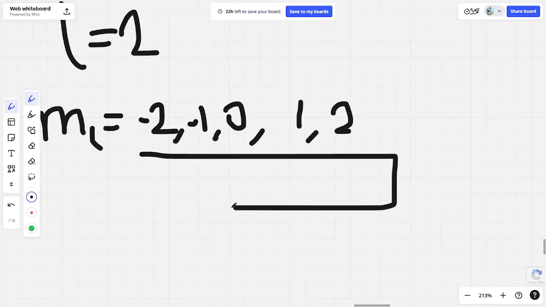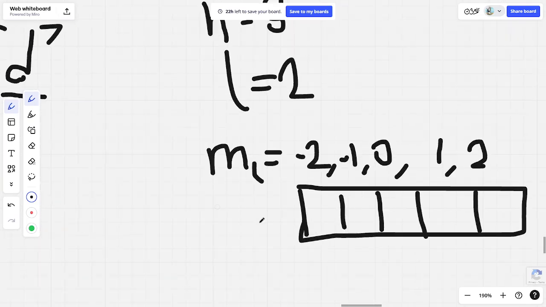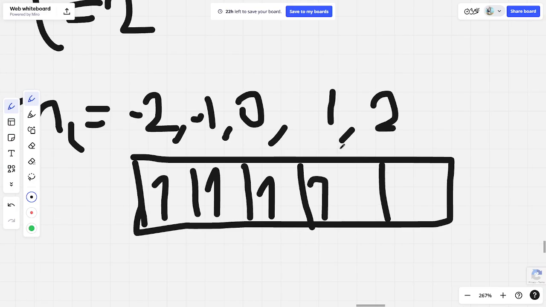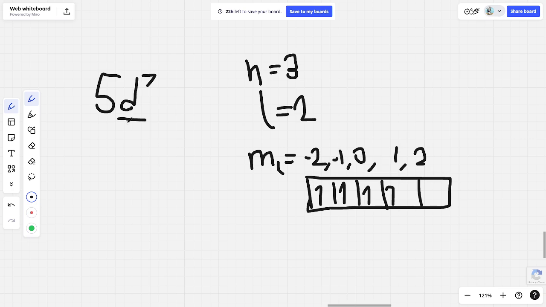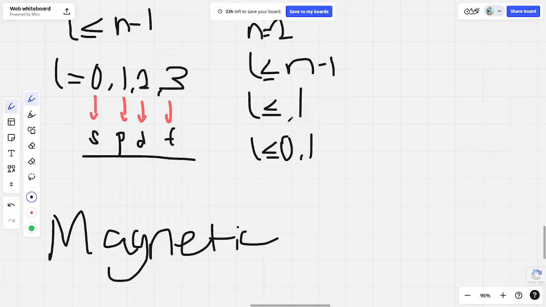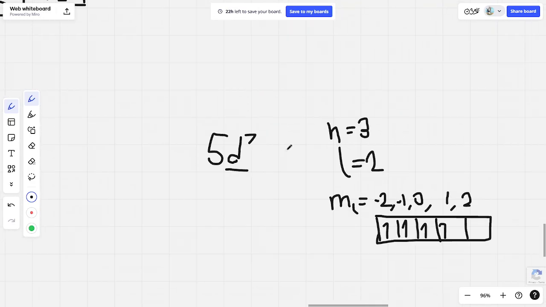Then we can make the orbital diagram, and we need to put 7 electrons. So 1, 2, 3, 4. Wait, d. Can d hold 7?